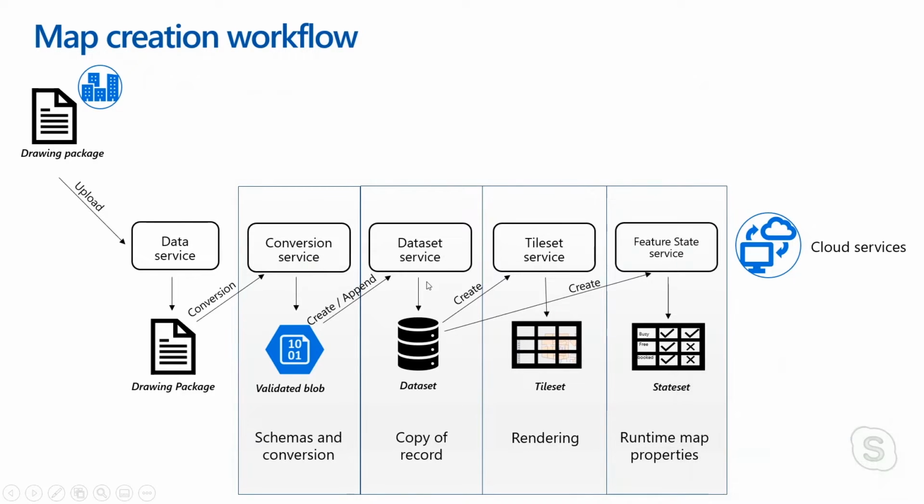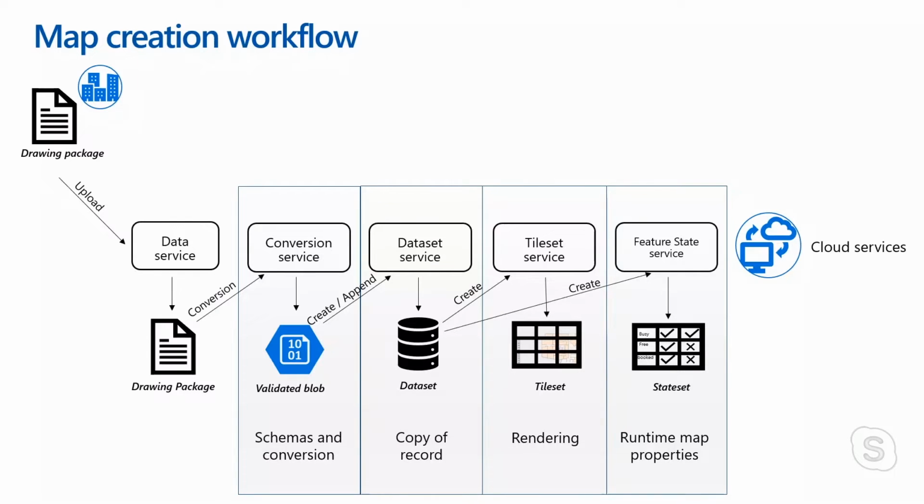So the most common scenario is during construction or even remodel of a building, you typically receive as part of your deliverable a drawing package. And that includes CAD drawings, typically DWG file format.